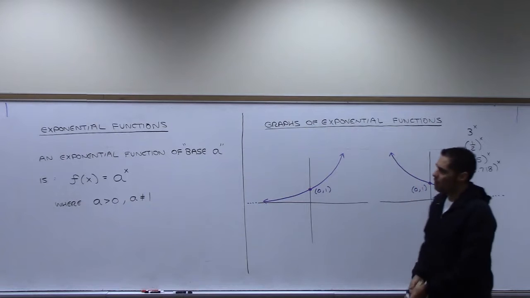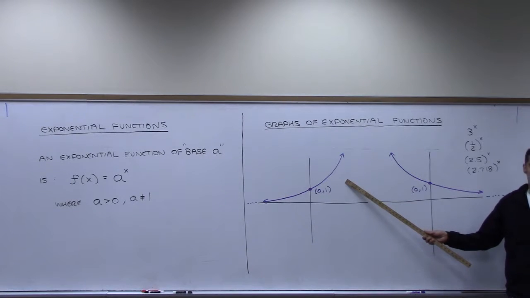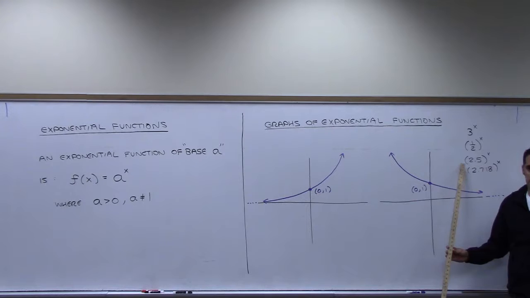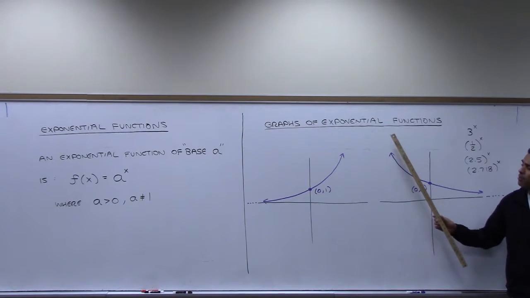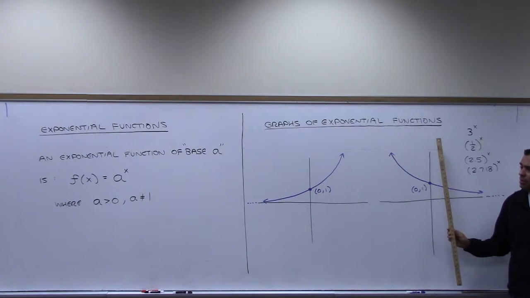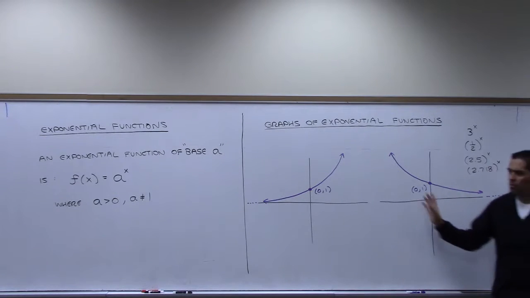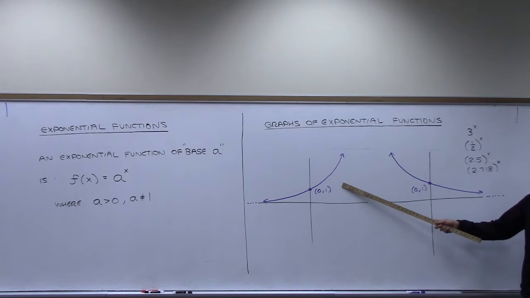Now, when you did your graphs, 3 of them should have looked like this, and 1 of them should have looked like this. So what I'm saying in this little note is that when you graph an exponential function, your graph has to look like one of these. But something will determine which one it is. So how many of you got 3 of these?